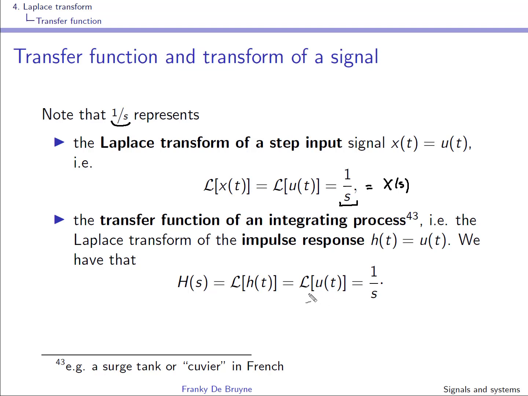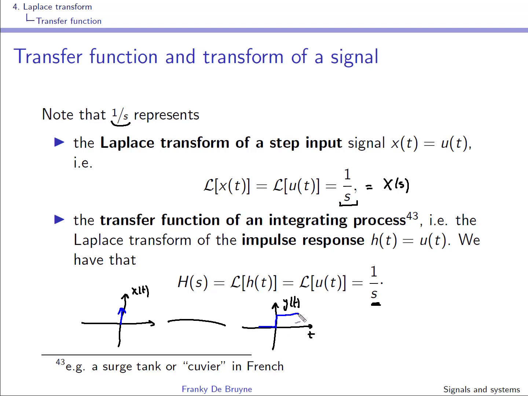So this system with transfer function 1 over s is such that if you put an impulse at the input, x of t, what you'll have at the output, y of t, is a unit step.